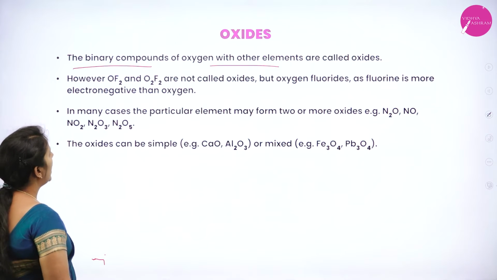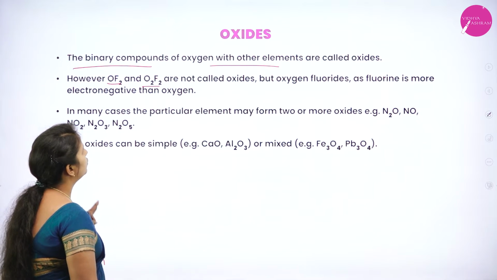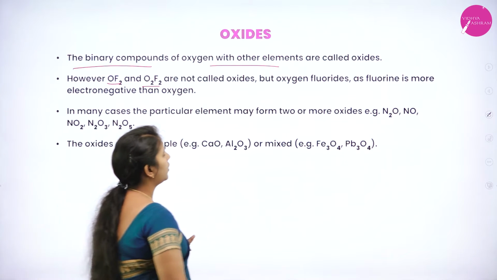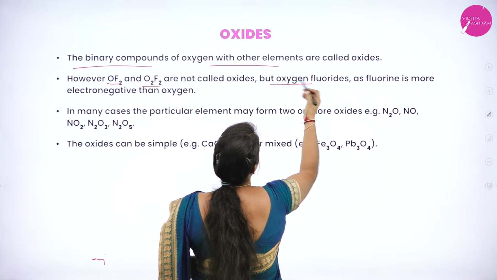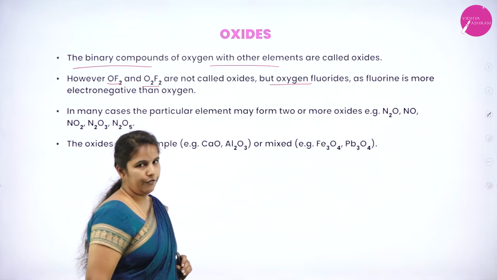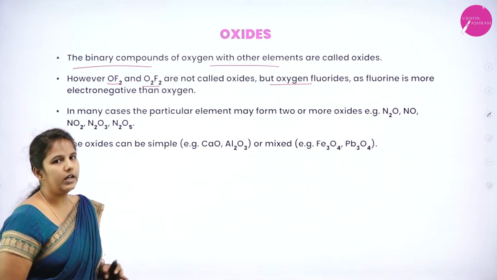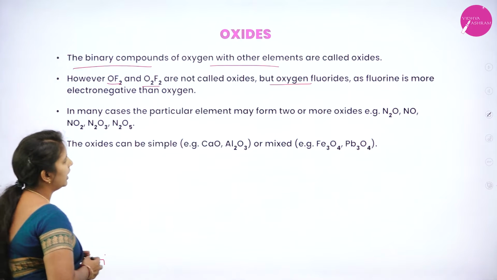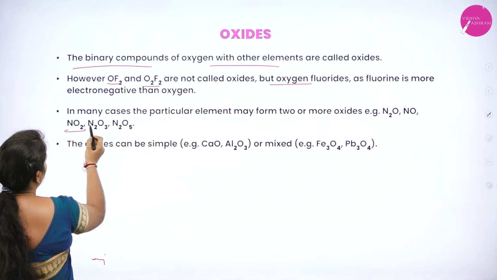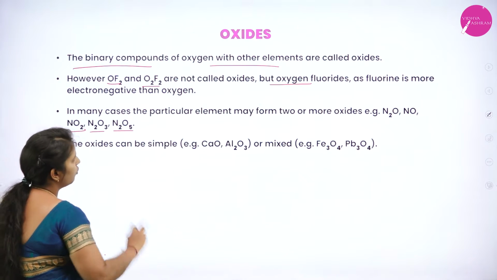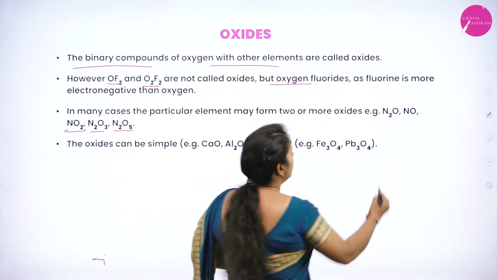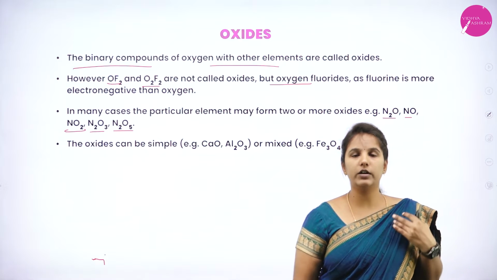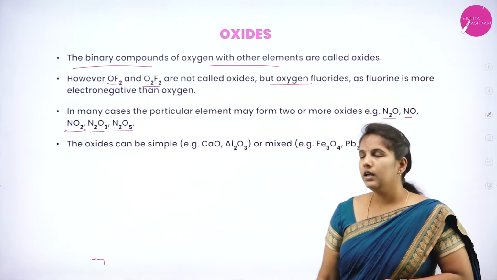However, OF2 and O2F2 are not considered oxides, because oxygen is less electronegative than fluorine, so they do not come under oxide formation. Many such cases are there: you can see NO2, N2O3, N2O5, and also N2O and NO. These are the oxides of nitrogen that we have already learned, right?